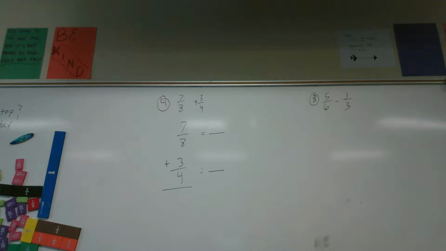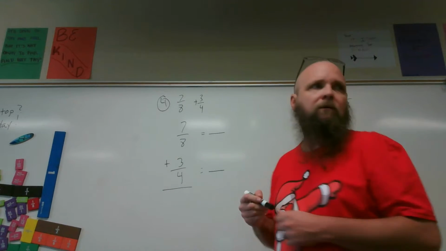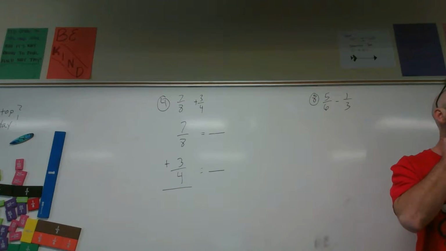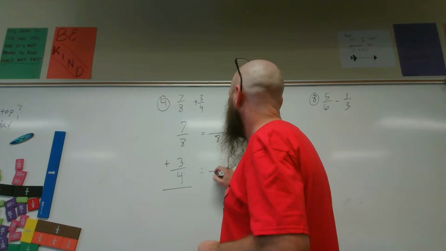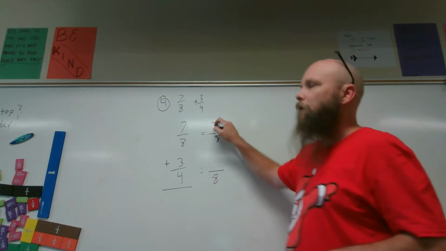That gave Mia a lot of time to figure out my common denominator. Mia, what would my common denominator be? 8. Common denominator is 8. This one's already over 8.